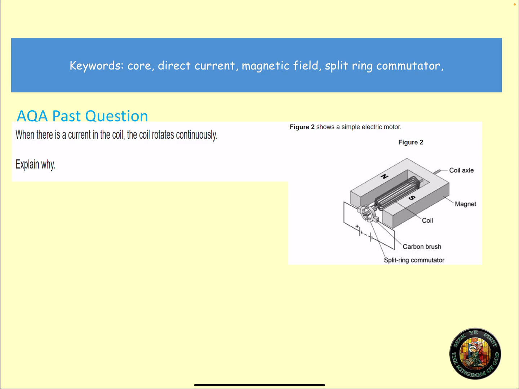Okay, let's have a look. So, 1 mark: the sides of the coil experience a force.